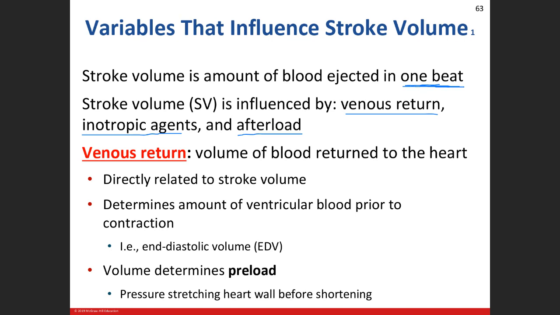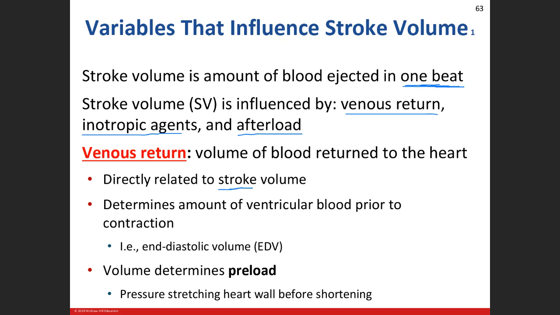Okay? All right, so venous return. The blood that comes into the heart should be roughly equal to the amount of blood that leaves the heart in a well-balanced heart. That's what we're looking for. When I say it's roughly the same, it won't be exactly, but what I mean is, if our stroke volume increases, then the venous return should also increase.